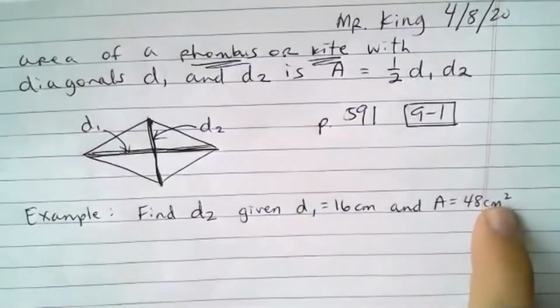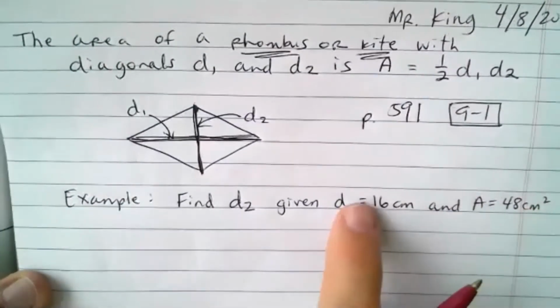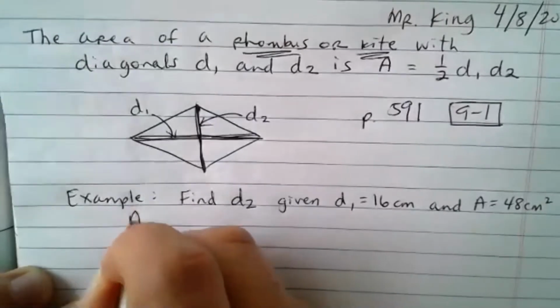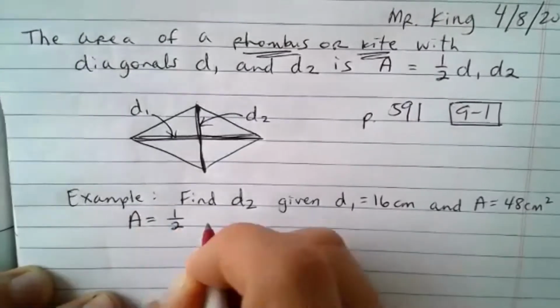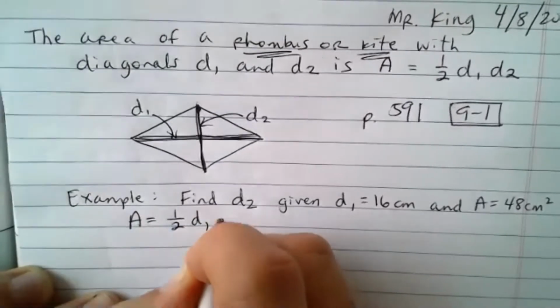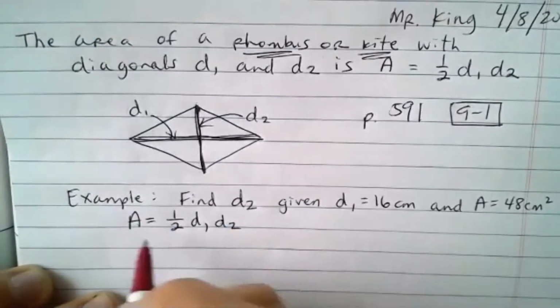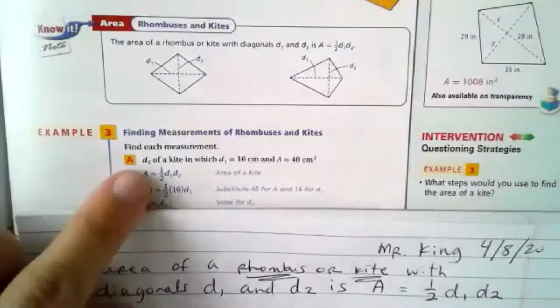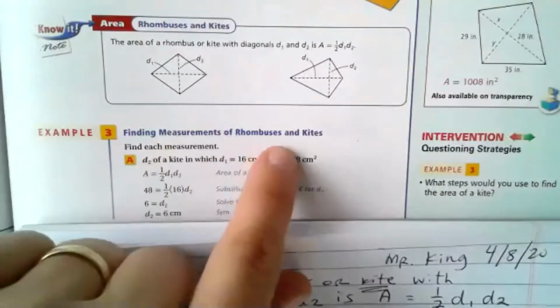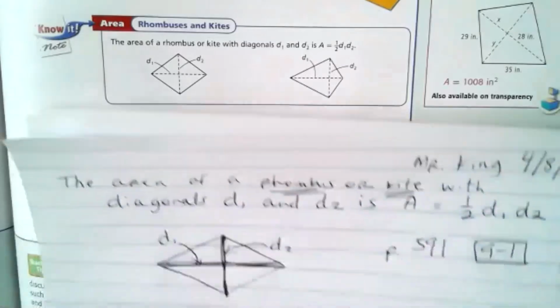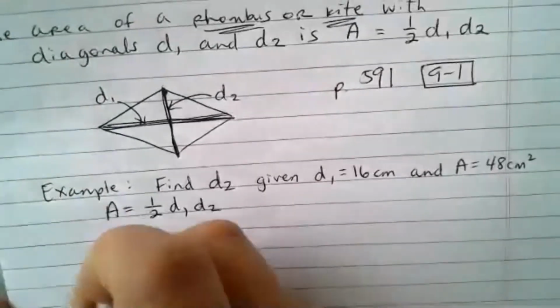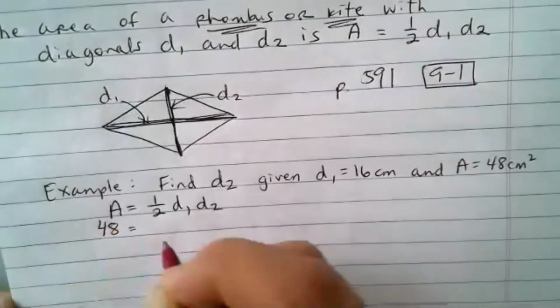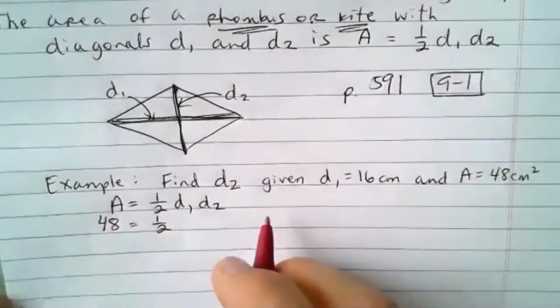Okay, so this is just an easier way of writing that out. So let's write out our formula for the area of a rhombus and a kite. How do we know this is for it? Because it says up here, we're finding the measurements of the area of the rhombus and kite. Okay, so now the area we're going to put in is 48. We're going to put our 1/2 right there.